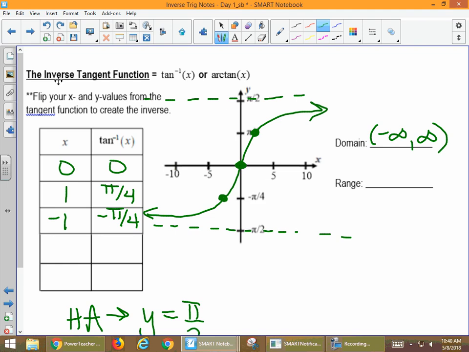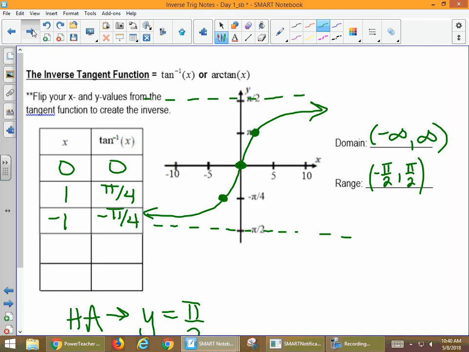So this guy is the only place where you're going to do parentheses. It's a hard switch to make, and it's one that I screw up sometimes. Make sure that you're using parentheses there, since you're not drawing points on negative pi over 2 and pi over 2.